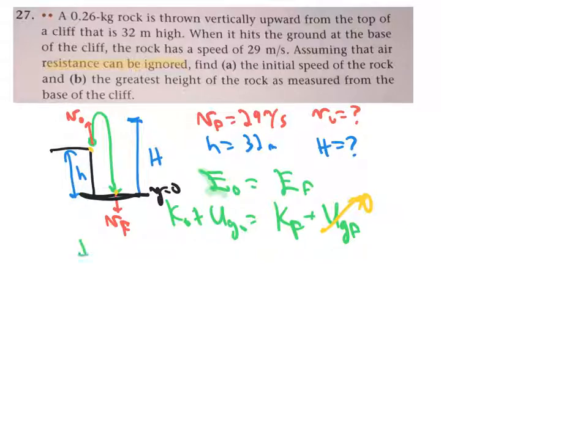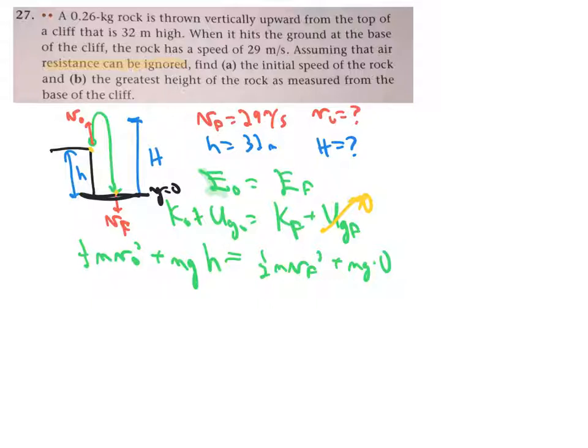So we have something like 1/2 mv0 squared, that's the initial kinetic energy, plus mg times the initial position, which is h, is equal to 1/2 mvf squared plus mg times 0. That's why that ends up being 0. And then we just solve this for v0.